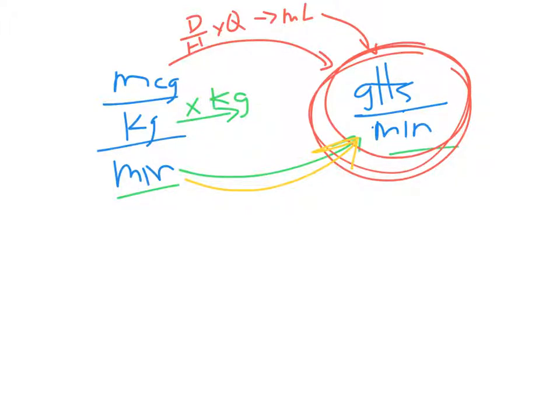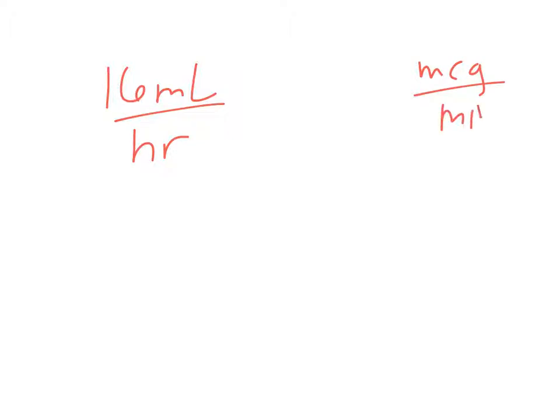So this one, sorry, I should have probably thought about this and written it out before I recorded this. So it's kind of like doing the reverse here, based on how this package is packaged. So 16 milliliters per hour is where that patient stabilized, and we need to know what that is in micrograms per minute.